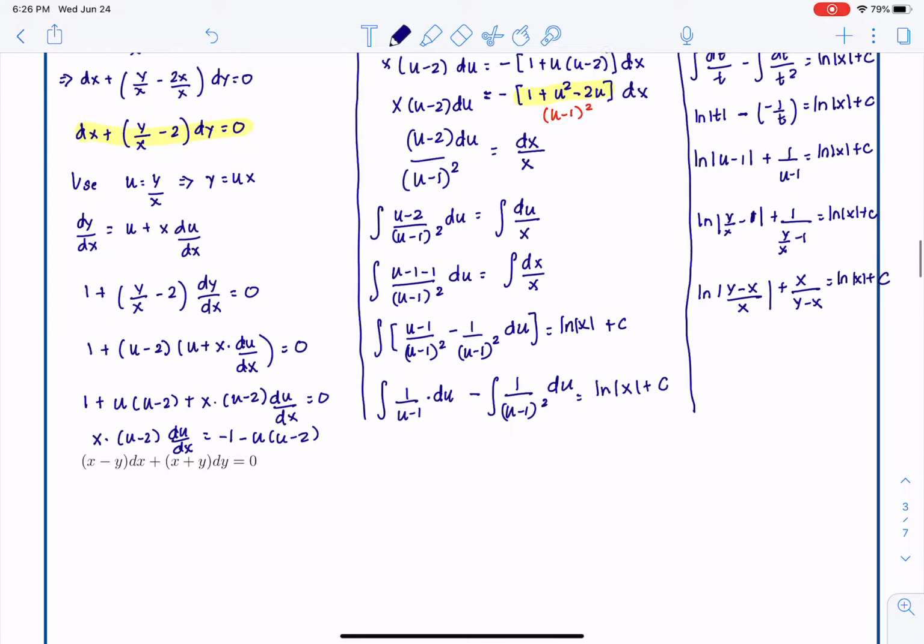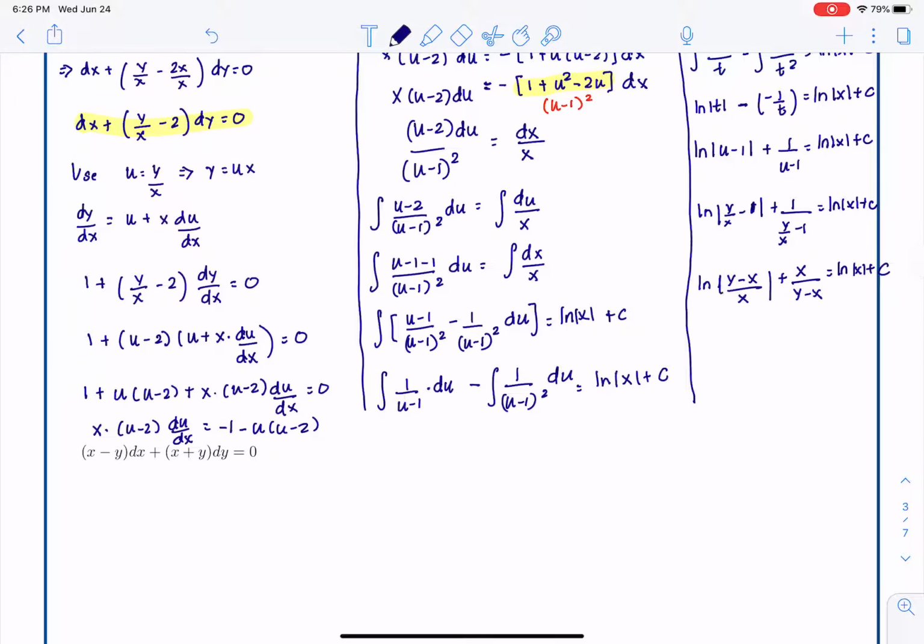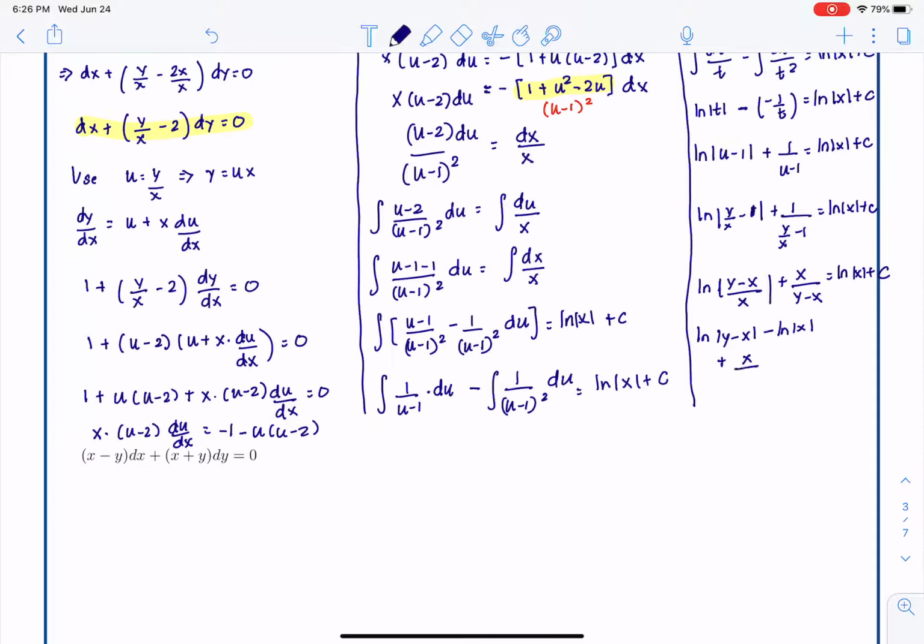Now I'm going to rewrite, using the properties of logarithms, the first expression as ln of (y minus x) minus ln of x, plus x over (y minus x) equals ln of x plus c.